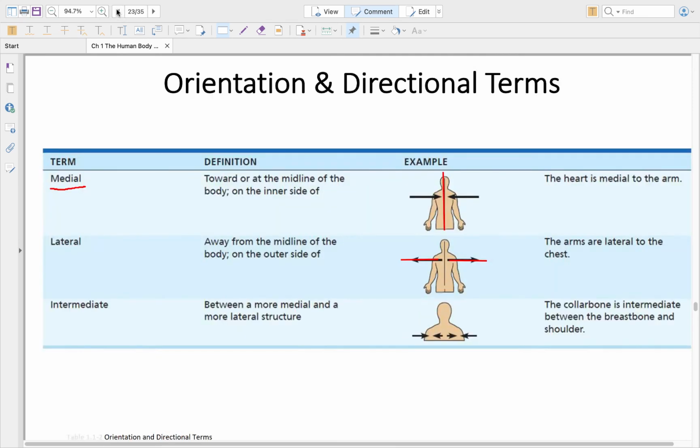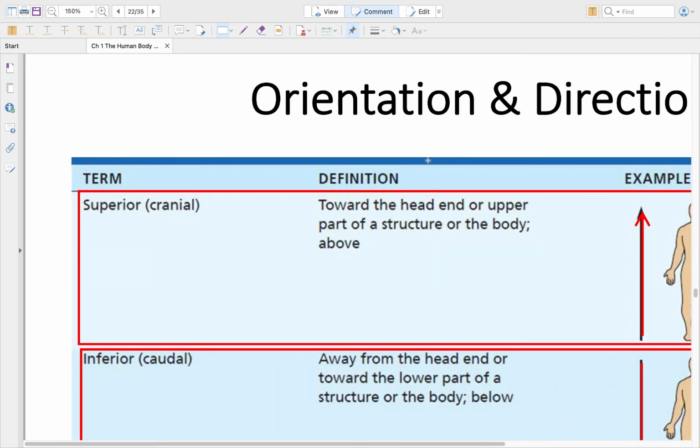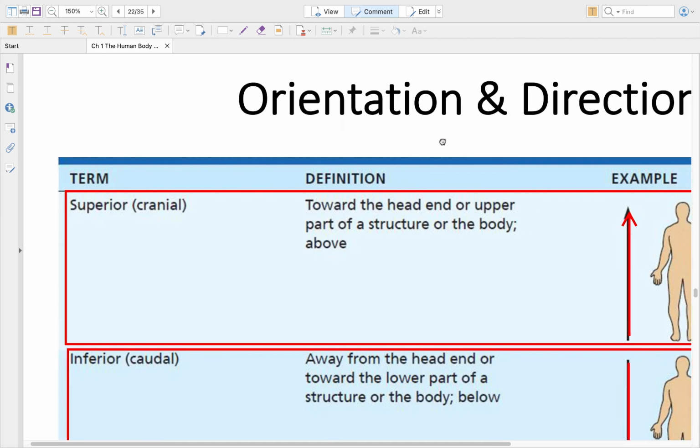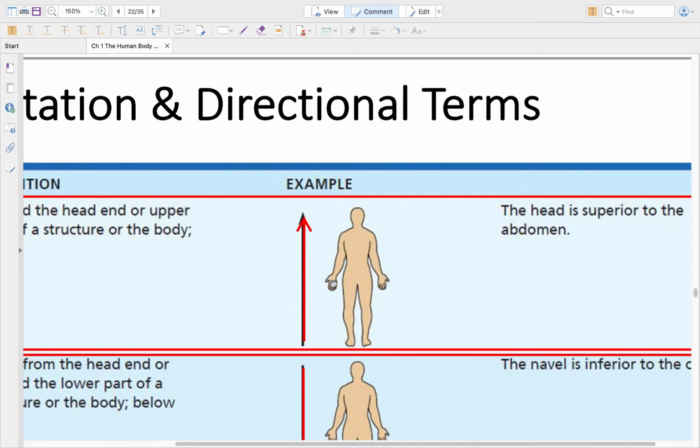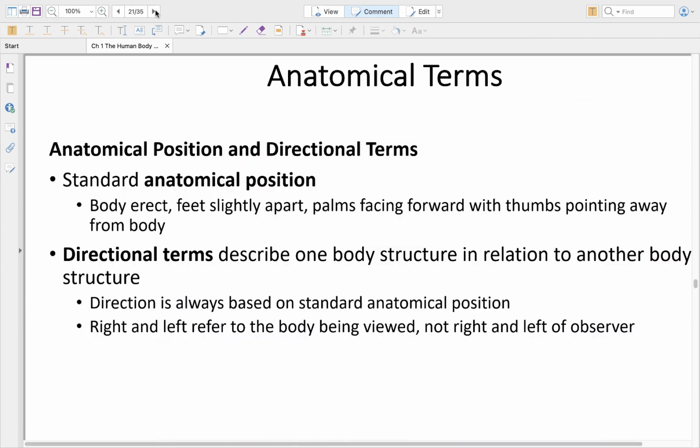Before I move on, I want to point something out. Do you see the position of our example? Look at this guy. See the way he's standing? Palms facing out. The way that sketch is diagrammed is referenced as the standard anatomical position.